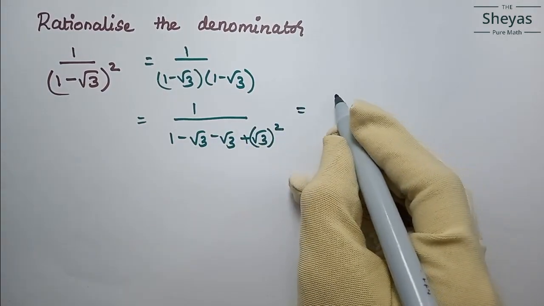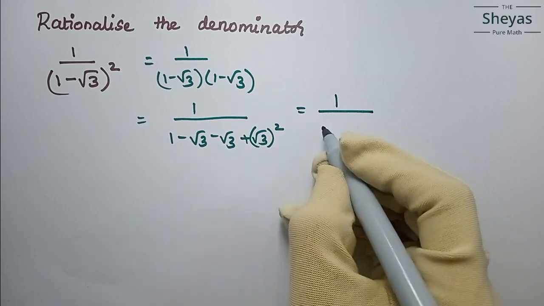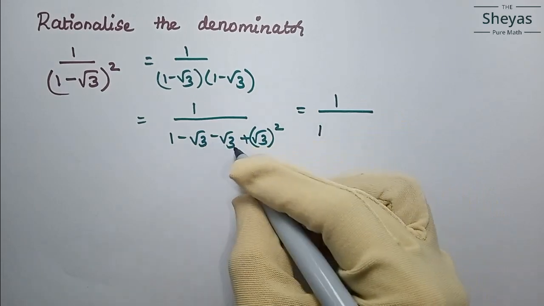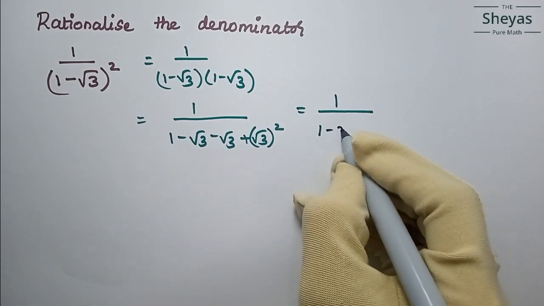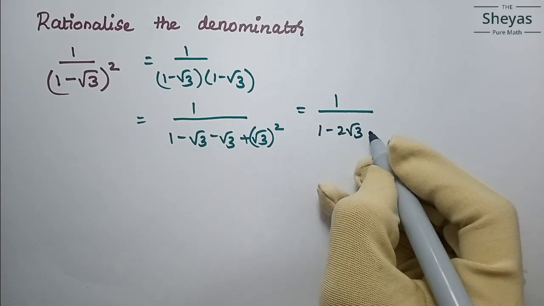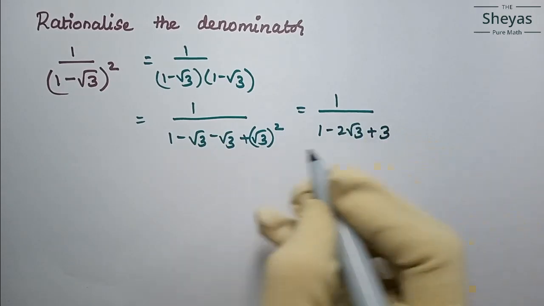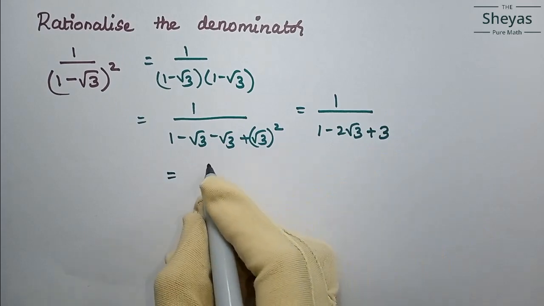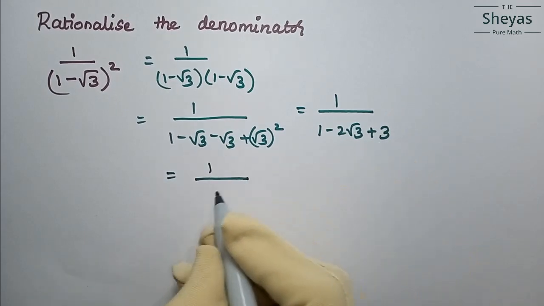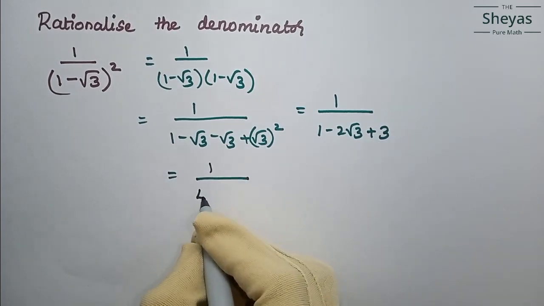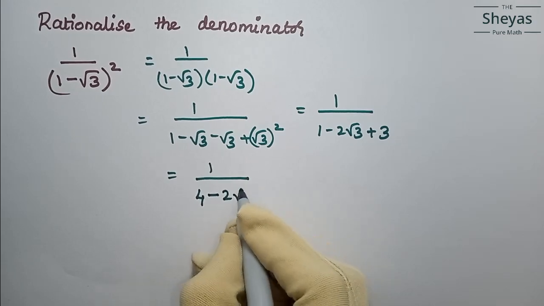So this can be written as 1 minus root 3, and minus root 3 minus root 3 can be written as minus 2 root 3. This root 3 square can be written as 3. Therefore 1 plus 3 is 4, 4 minus 2 root 3.